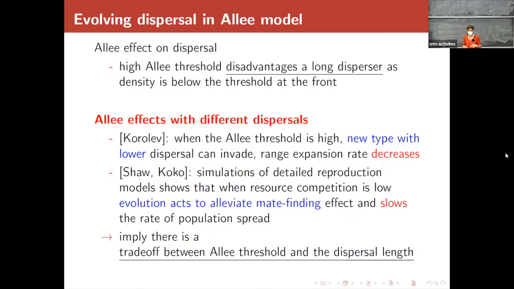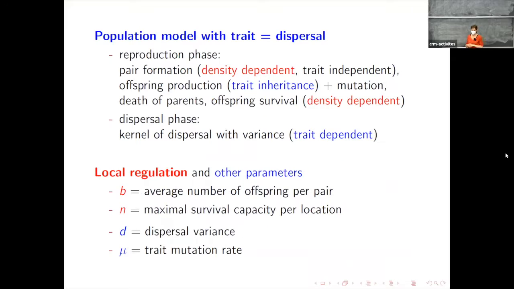There were some results obtained for that by simulations or by this linearization technique that Korolev did. And essentially they implied that there's a trade-off between Allee threshold and the dispersal length. So you can't have it both ways.